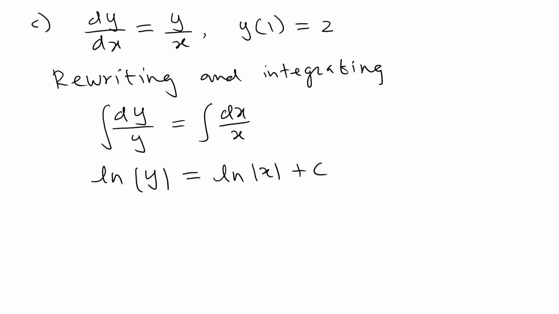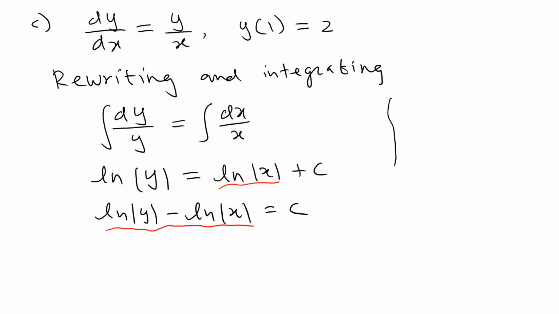That's what you get. And then how do we solve? We do an interesting argument here. We're going to bring the log term to the other side. So you also need to know how to do the algebra here. We can write this as ln y minus ln x equals c, and from algebra you know that you can combine these two.